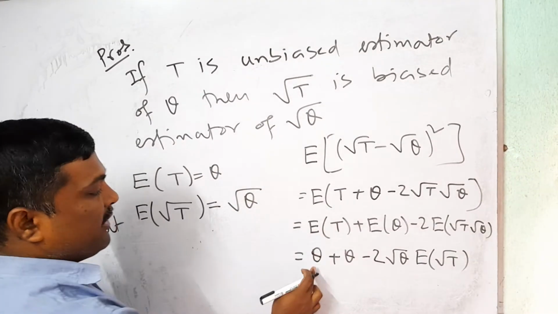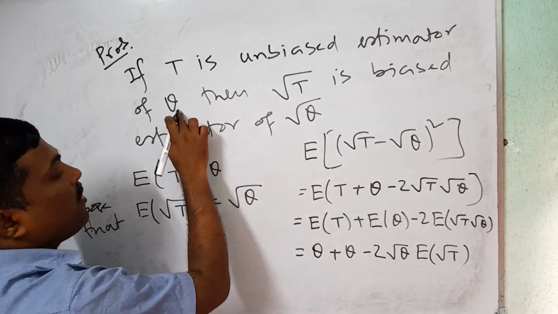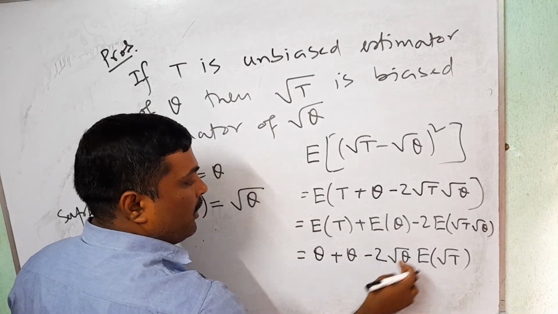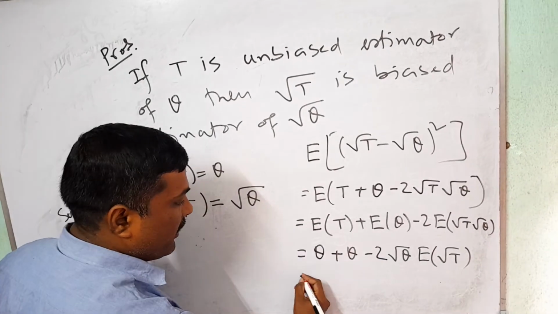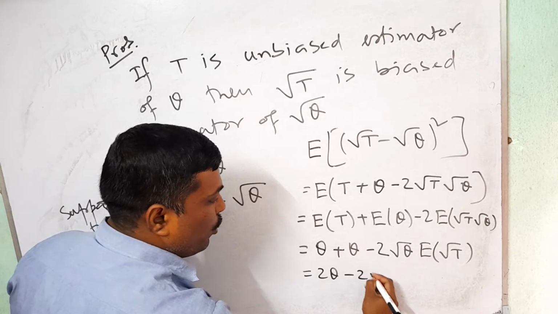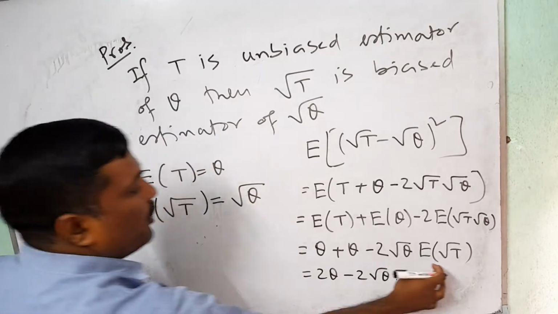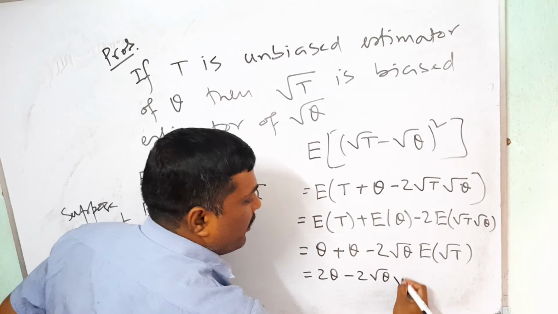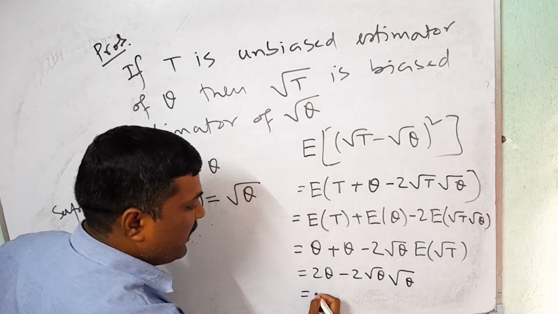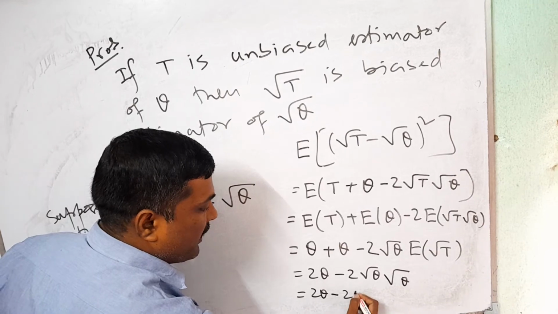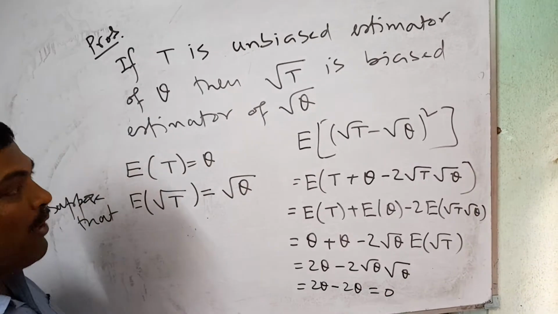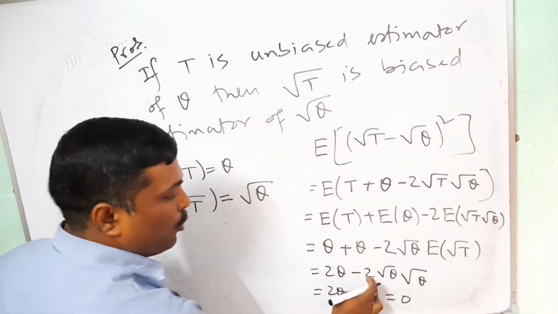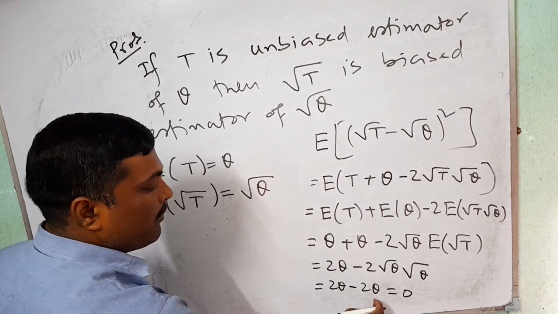Theta is constant and root T is variable, so root theta comes outside: 2 root theta into E of root T. So this is 2 theta minus 2 root theta into E of root T. E of root over T is root over theta, so 2 root theta into root theta is 2 theta, so 2 theta minus 2 theta is 0.